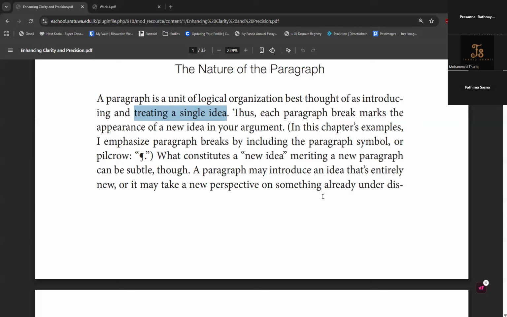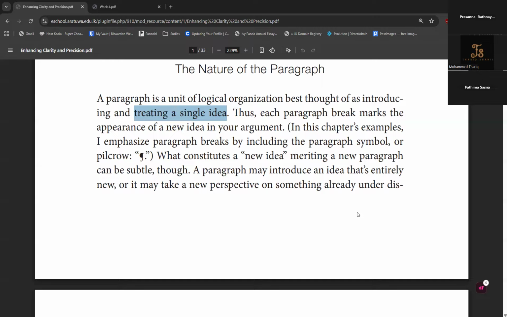Now, if you talk about a whole text which has nearly 5 paragraphs, what does it mean? That the entire essay gives you 5 different ideas. Why? Each paragraph treats a single idea. If it is a 5 paragraph essay, there must surely be 5 ideas presented, right?